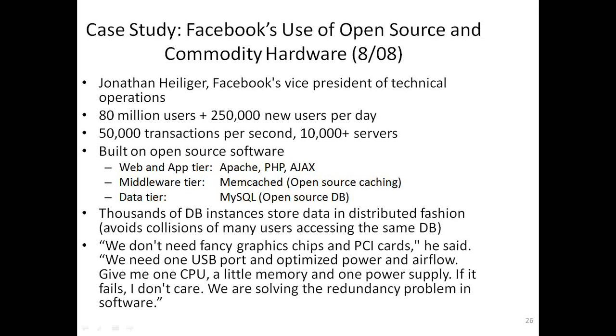Facebook president in the year 2008 said that all his users and transactions are built on open source software, and thousands of instances are used in distributed fashion. They use commodity hardware to run their organization, and they are very happy with it.